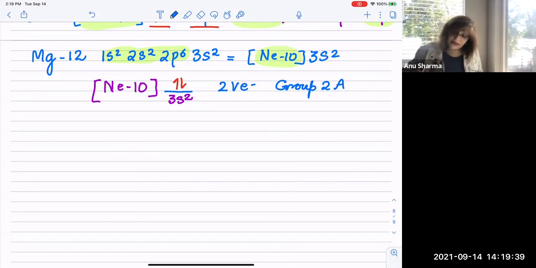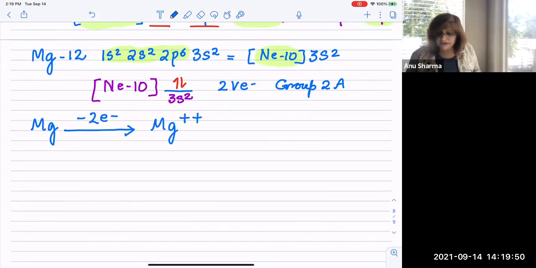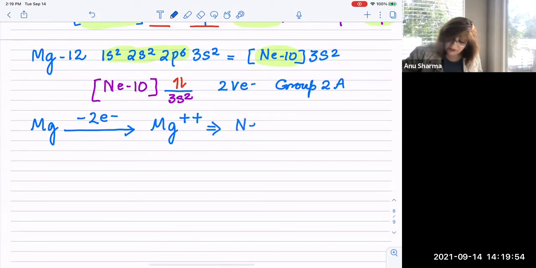But magnesium will prefer to lose 2 electrons. And when that happens, magnesium gets 2+ charges. And then it begins to look like neon, the 10 electrons. It has lost those. Magnesium is 12, minus 2 electrons.